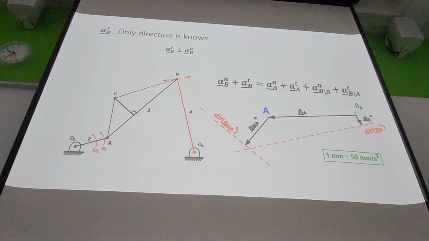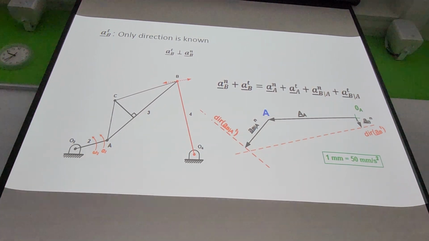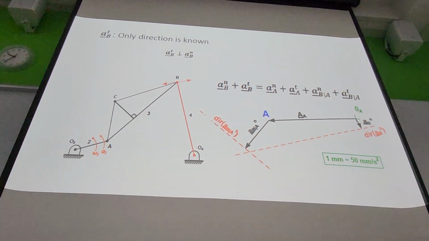This analysis you can extend to any number of points. That means now you know complete information of points B and A. Now if you want to find out C, you can link point A and C or point B and C, and again draw another polygon to know the remaining things.